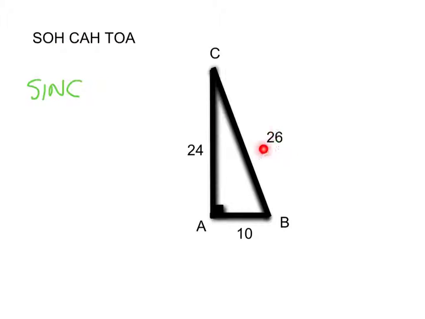Our hypotenuse is 26. Remember, hypotenuse is always the one that's on the opposite side of this little square here, if you will. Okay, so opposite over hypotenuse, that would be 10 over 26. Now remember, you always have to reduce your fractions. That would be 5 over 13. And that's your answer on that one.